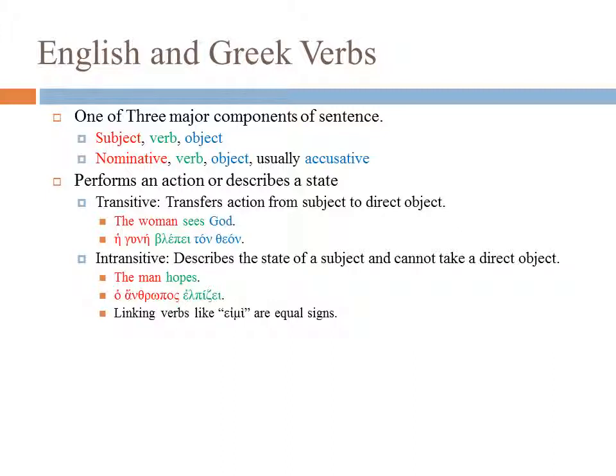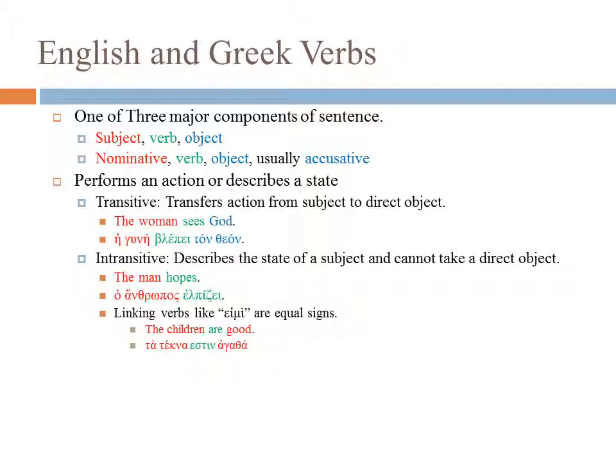A linking verb like eimi, or to be in English, functions as an equal sign. That is, the subject and the predicate are going to be in the same case. The children are good. Okay? It's not easy to see this in English, but the children and good are both in the same case. In Greek, it's much clearer.